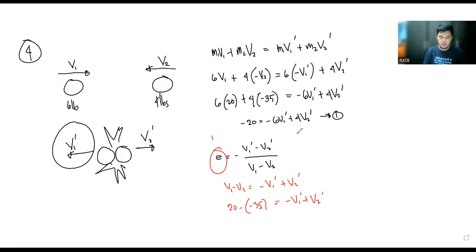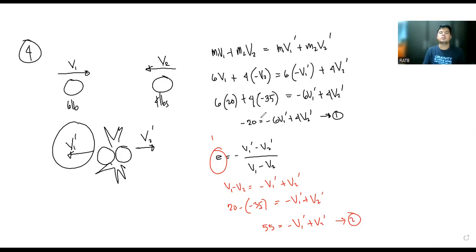So you have there 20 plus 35, so we have here 55. So that is equivalent to negative v1 prime plus v2 prime, and this would be equation number 2.